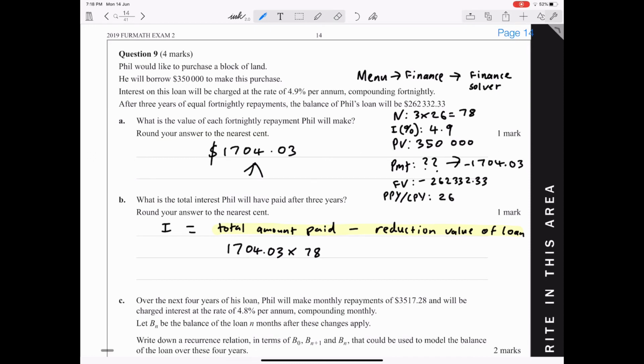You do that minus the reduction in the value of the loan. The reduction in the value of the loan is basically the present value, so how much Phil borrowed, 350,000, minus the value of the loan after 3 years.